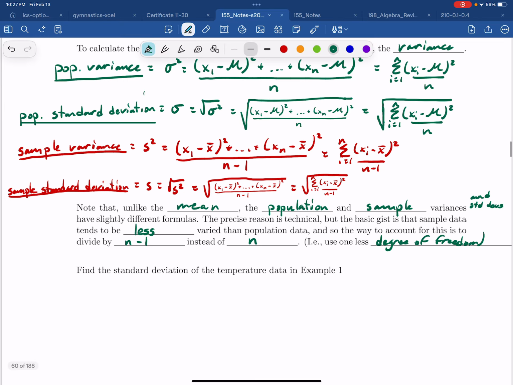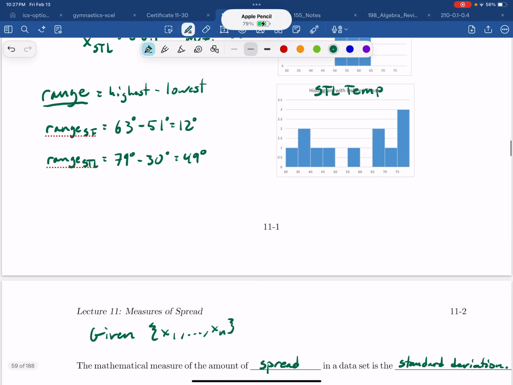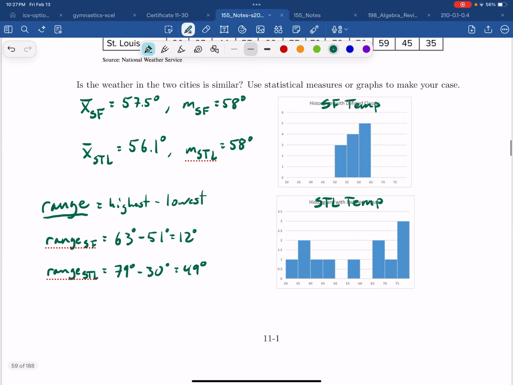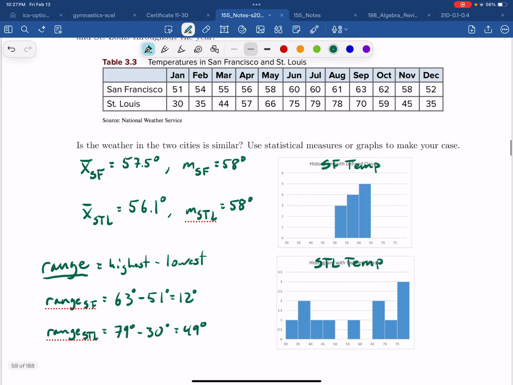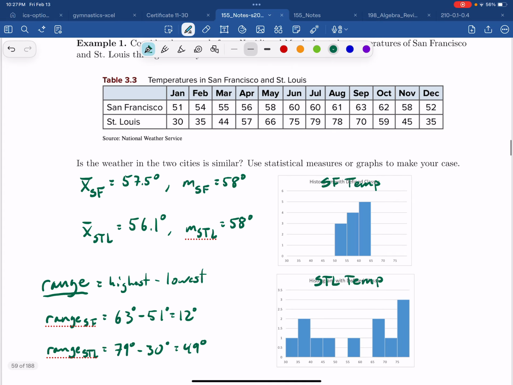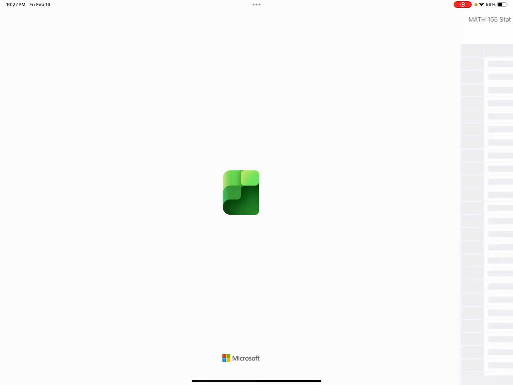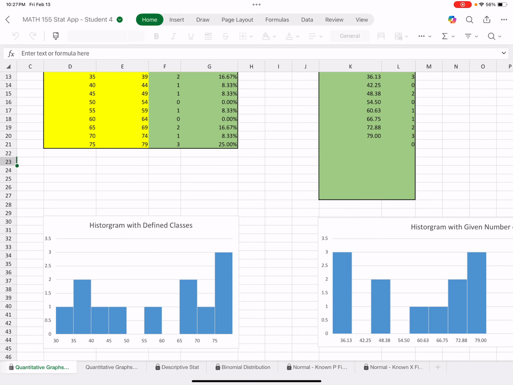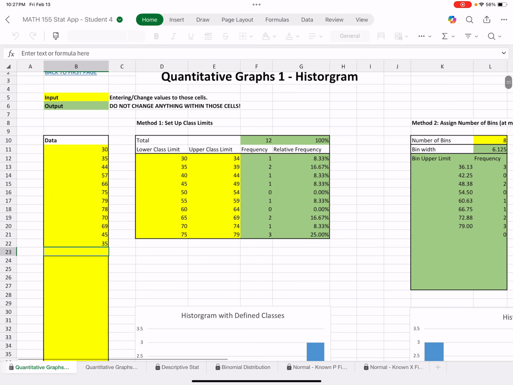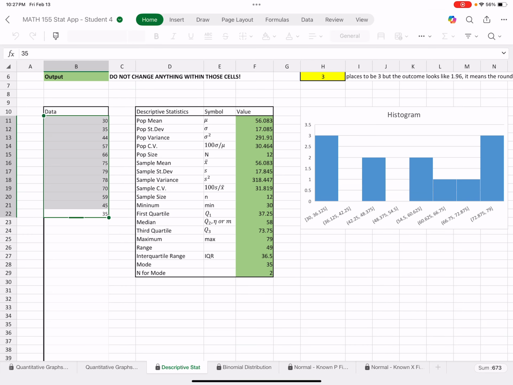Anyway, let's find the standard deviation of the temperature data in example 1. Let's go back up to this first page. Actually, if we go to the Excel file, I think we already have the St. Louis data. I hope it kept our data. It sure did. If we go to descriptive stats, it should still be there. For the sample standard deviation, let's use the sample one.